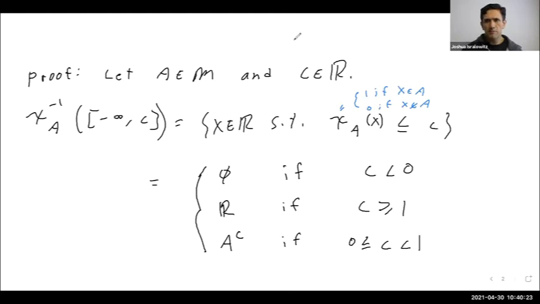Obviously I can rewrite this as x is in the complement of A. If x is in the complement of A, then this is 0, and certainly 0 is less than or equal to C if C is between 0 and 1, including 0 and excluding 1. So these are basically the 3 possible cases.